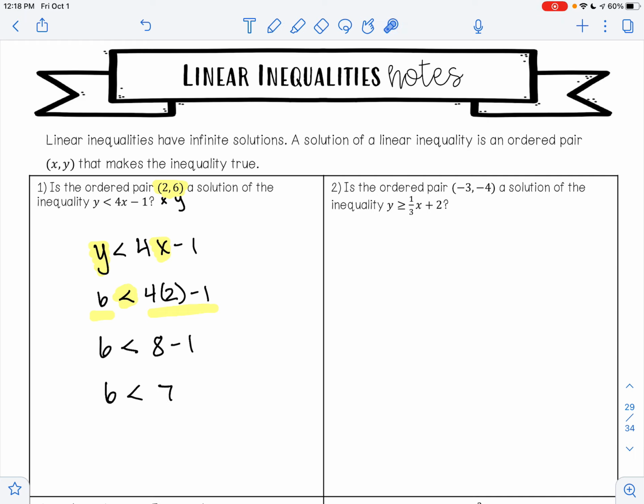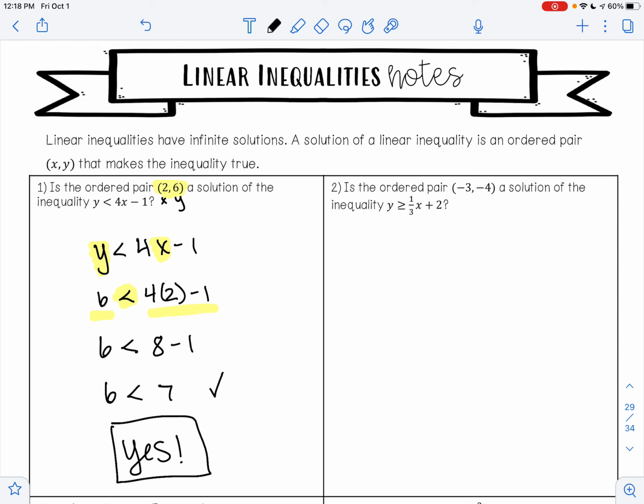So what we need to know is, is 6 less than 7? Yes, 6 is less than 7. So this ordered pair 2, 6 is a solution of y is less than 4x minus 1. It's not the only solution, but it is one of the solutions.